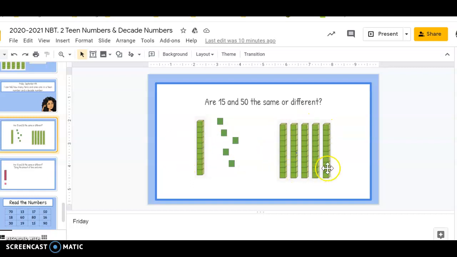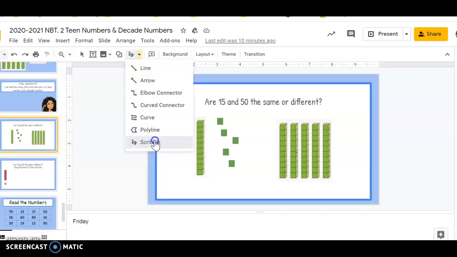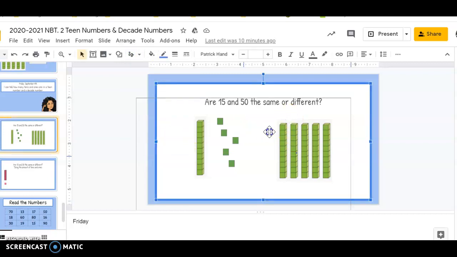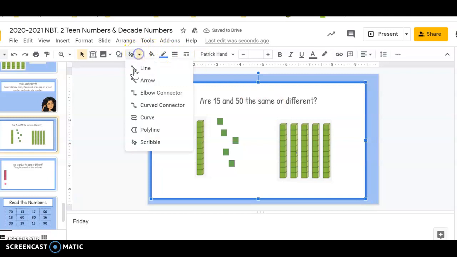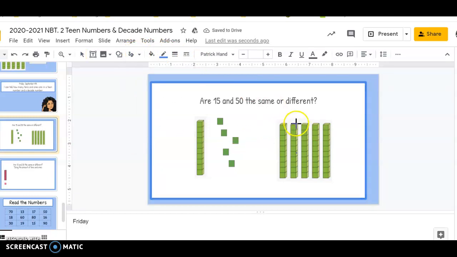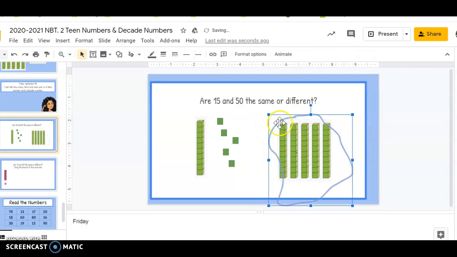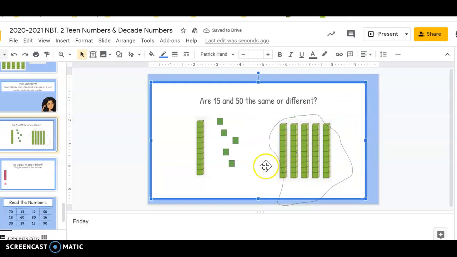Now I'm looking at these 10 sticks over here, and I'm going to draw a line around them so that we don't get them confused. I'm looking at this group over here and wondering, is this quantity, this total, the same as this?